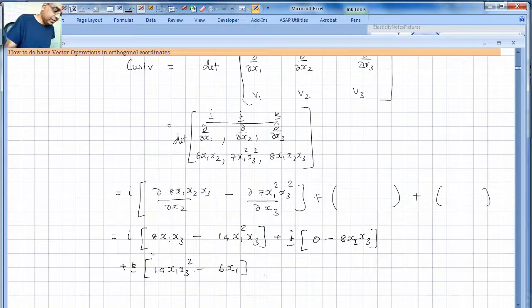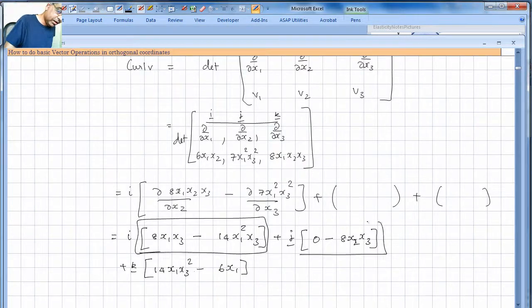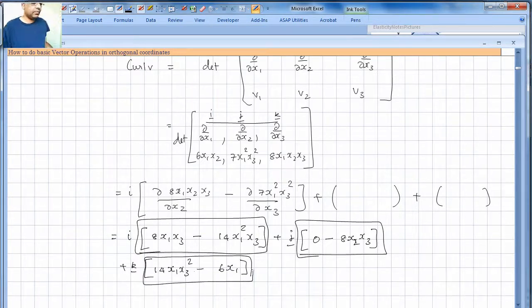That's curl. So this is the circulation around the x-axis, this is the circulation around the y-axis, that's the circulation around the z-axis. Okay, that's what curl means.